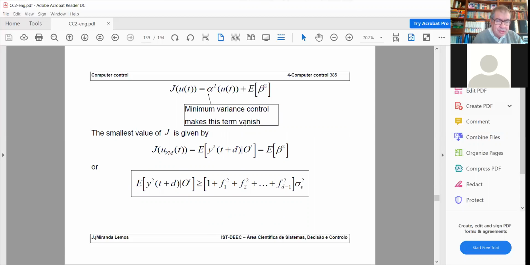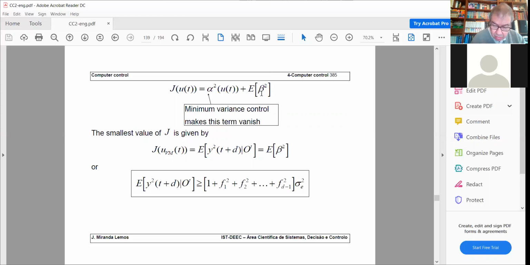With this minimum variance control, you are annihilating this alpha squared term, and your variance is the smallest value, the expected value of beta squared.